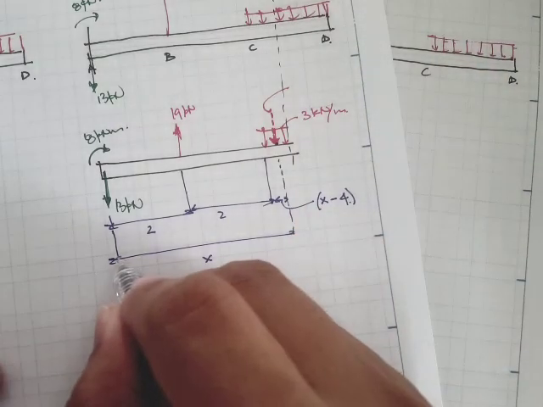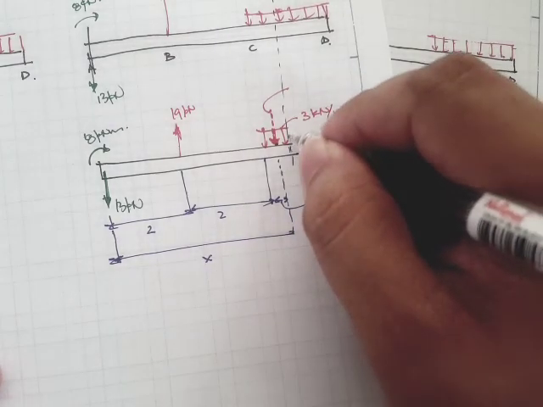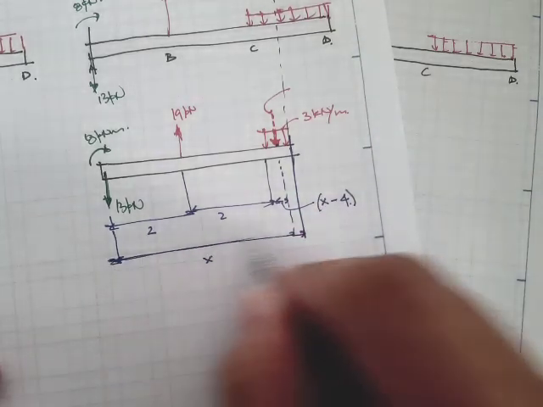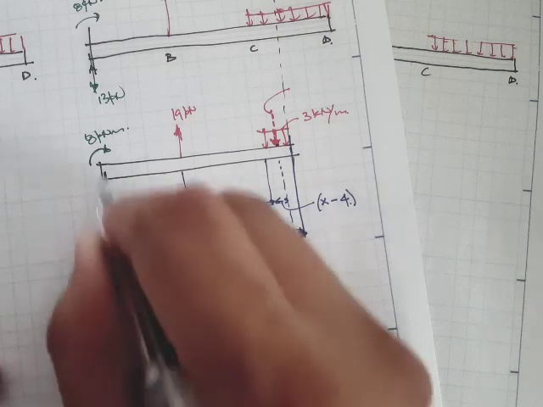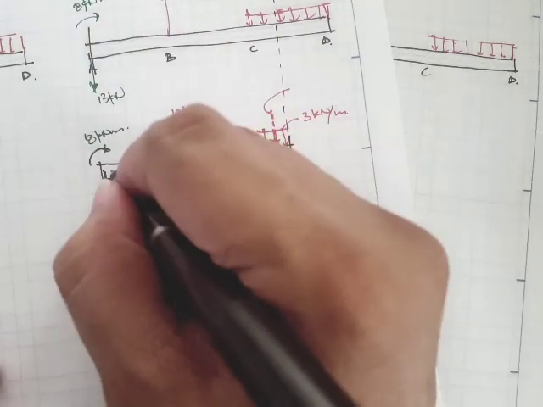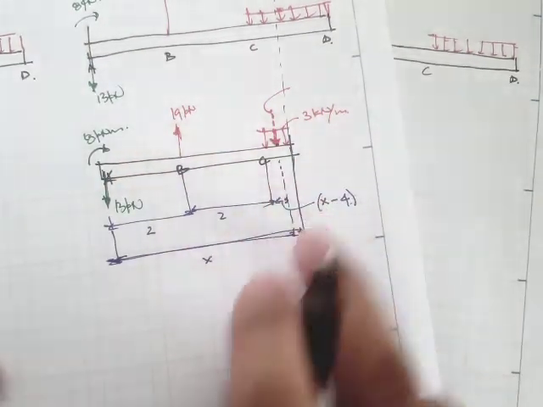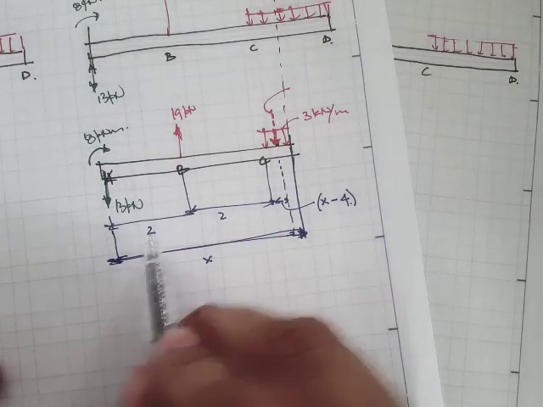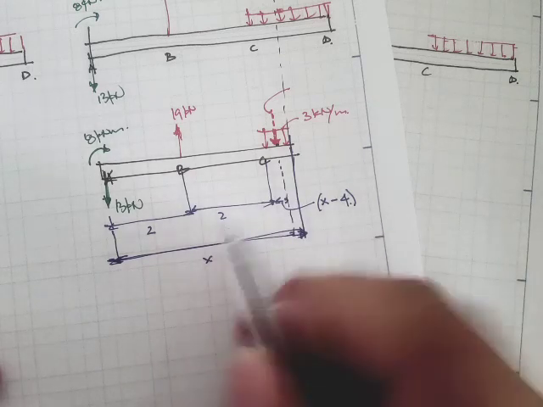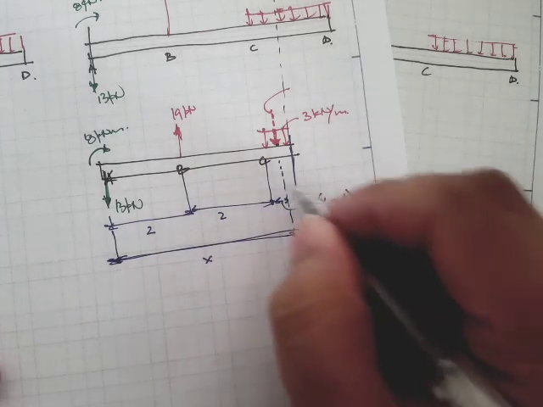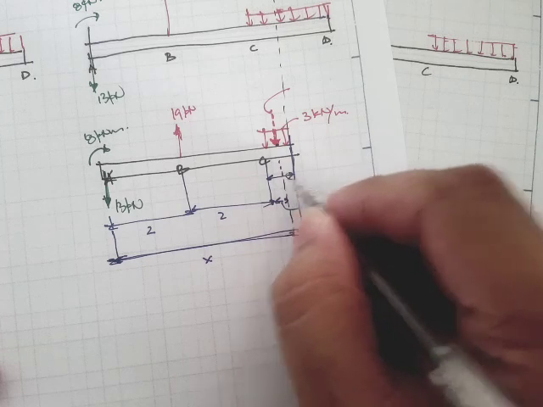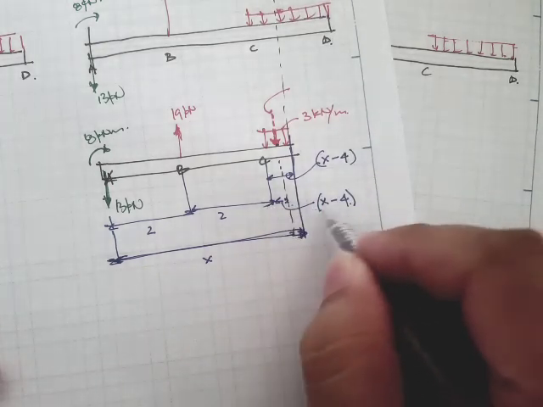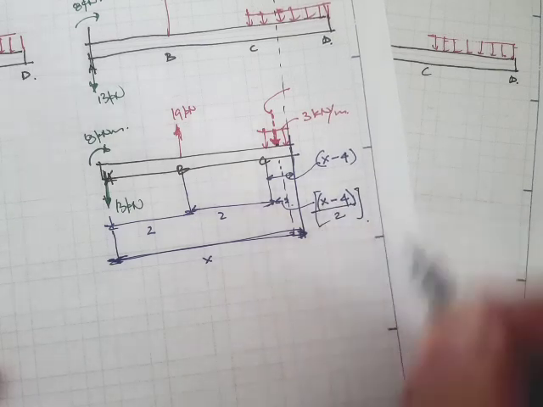By the way, let me write. Now the distance x should be from point A to the section cut, right? So from point A to the section cut, and the distance from A to B is still 2 meters, the distance from B to C is still 2 meters, and this one should be x minus 4, and half of this is x minus 4 all over 2.